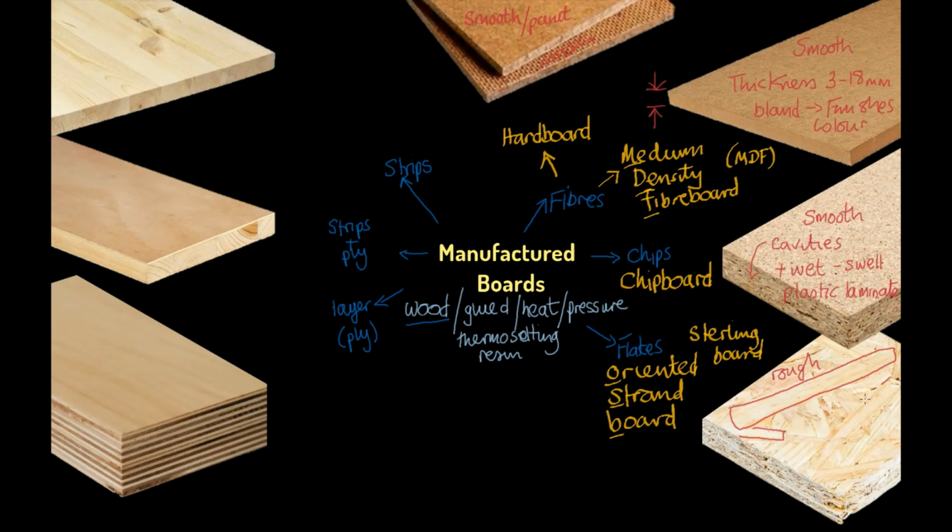And the flakes are oriented in different directions, and that gives it its strength, particularly as, if we go to the other layers below, all of these flakes have been put in different directions. So it gives it some strength by doing that.